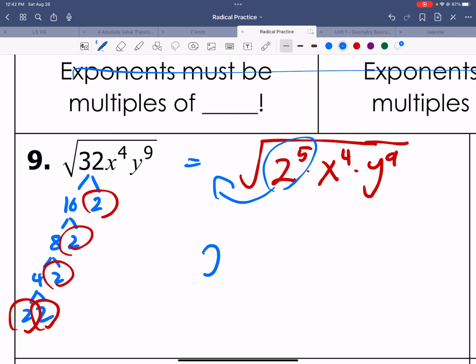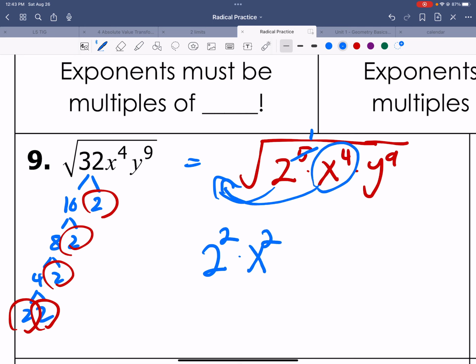So I can take this one out twice, and if I take it out twice, I will still have 1 left over, because remember, 2 to the 5th power is 2 to the 4th power times 2. Keep that in mind. Or if you don't understand what I'm saying, look at the pattern. How many times can I take out x to the 4th power? Twice. If I take it out twice, all my x's will be gone because they will go to 0.